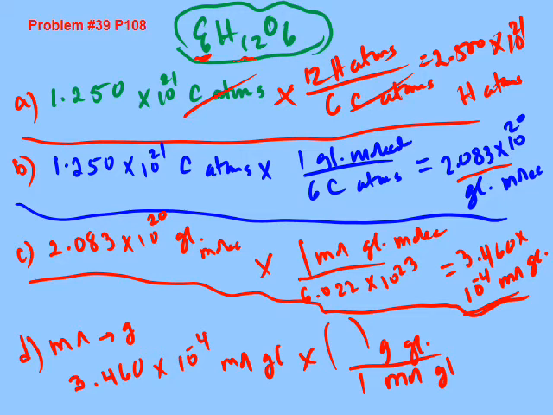So add up masses, 6 carbon, 12 hydrogen, and 6 oxygen, and that is 180 gram per mole of glucose, and that gives 0.0623 gram glucose. Glucose is C6H12O6.